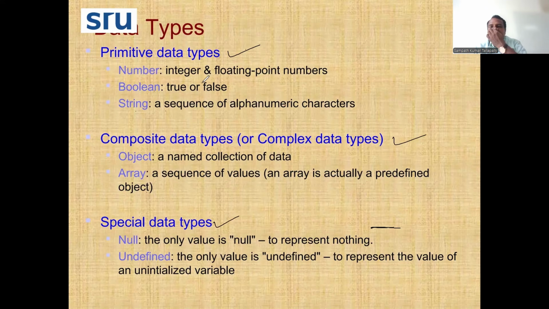In the primitive data types, we have numbers, booleans, and strings. Altogether, I call them primitive data types. The composite data types are the object and the array, and the special data types are null and undefined. These are the data types we have in JavaScript.